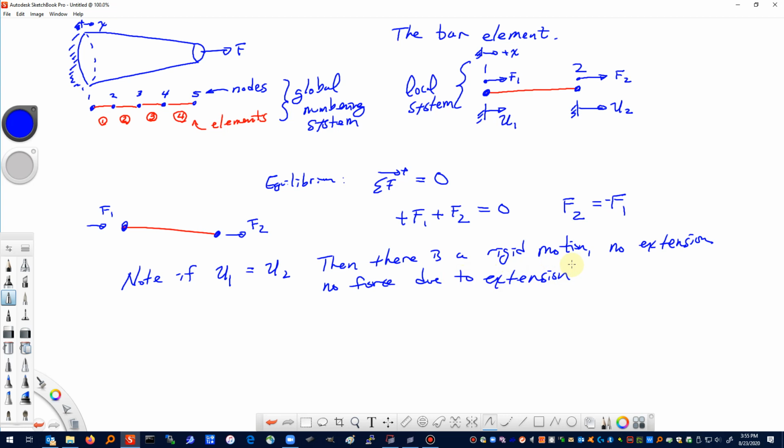So that little segment doesn't extend, and just like springs, if the spring doesn't stretch out, we don't develop a force in it. There's no force inside of that bar.